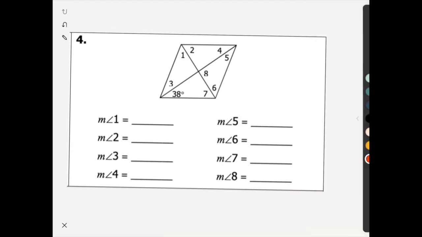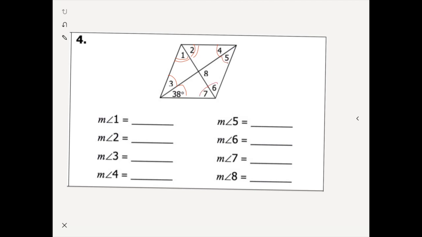So this is congruent to this one, congruent to this one. So for the measure of angle 1 and 2, we can't find that just yet, but we can find the measure of angle 3. If these are congruent, if this is 38, this is also 38. So I'm going to write 38 right here.